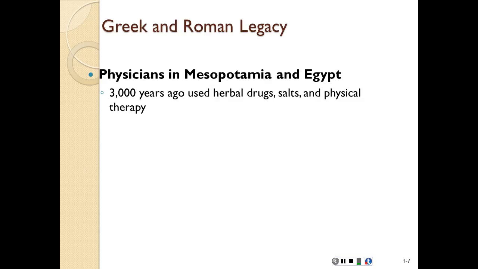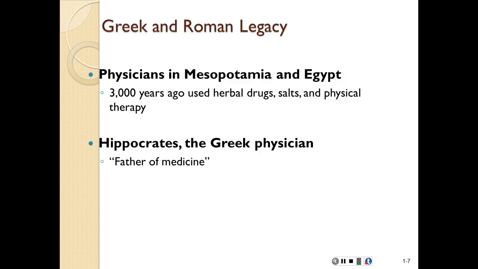All right, so let's take a look at the various scientists that played a role in where we are today within the field of science. Now we know that the Greeks and the Romans have a legacy that begins way back with Hippocrates. Hippocrates in Greece is considered to be the father of medicine.